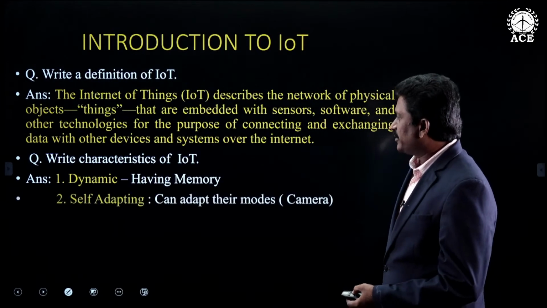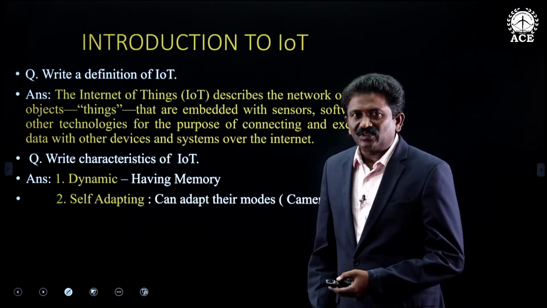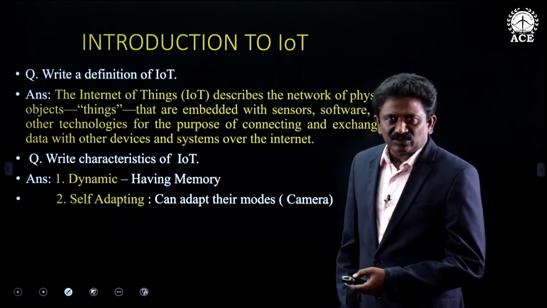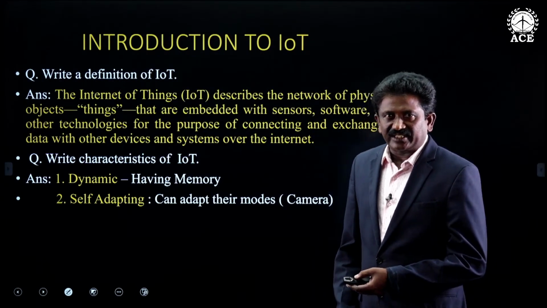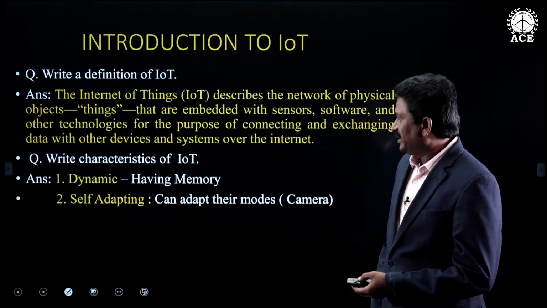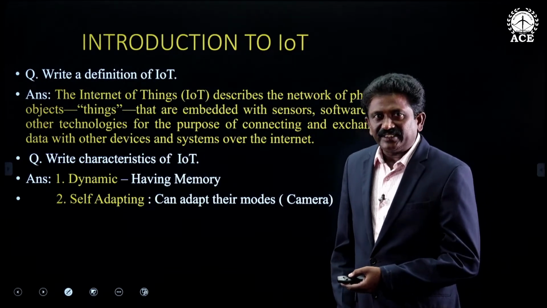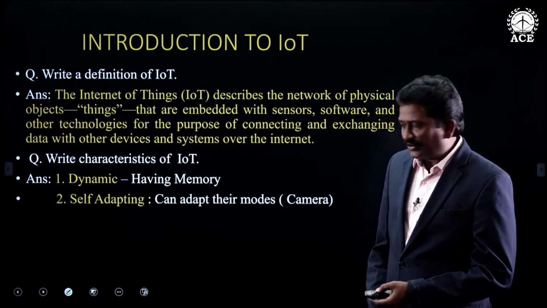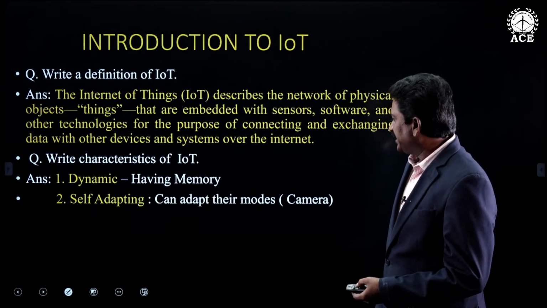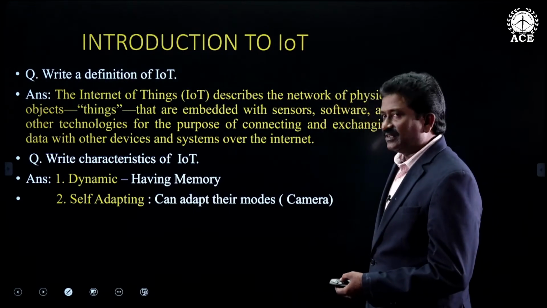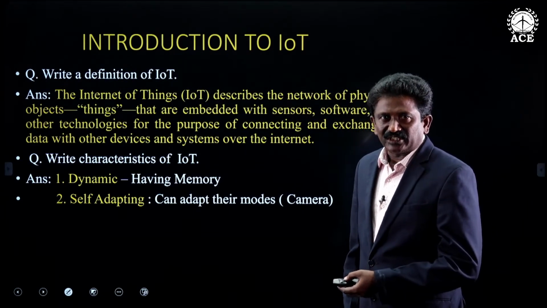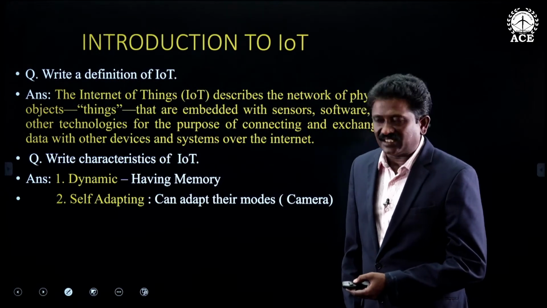Second one, self-adapting. For example, a camera. Suppose I want to connect a camera with the help of IoT, in that case I will take the help of some circuitry. Using the camera, we can adapt its modes, so that you can monitor our houses also.